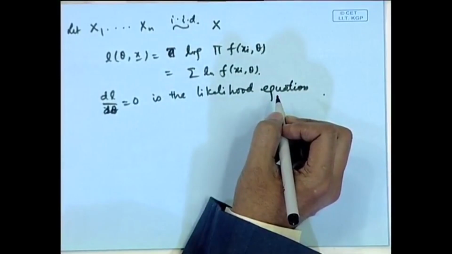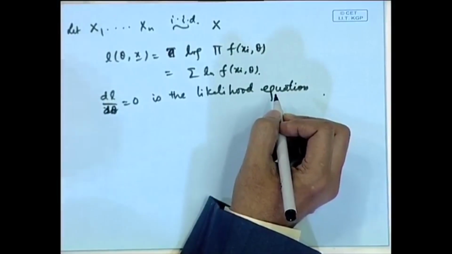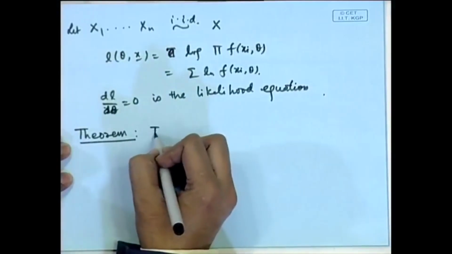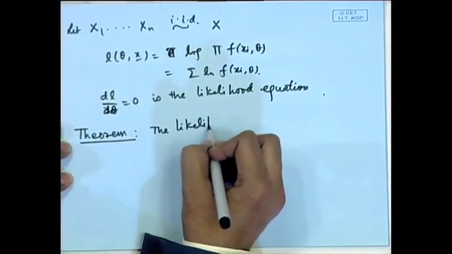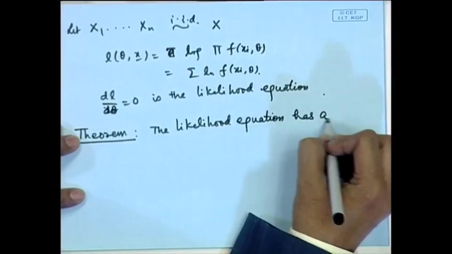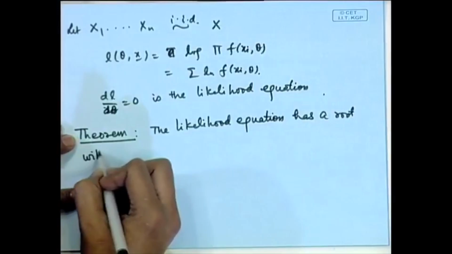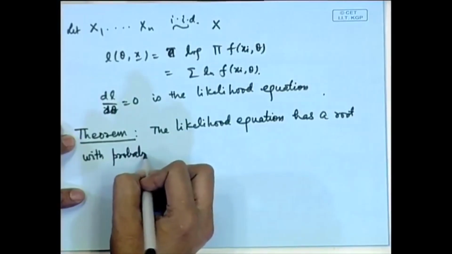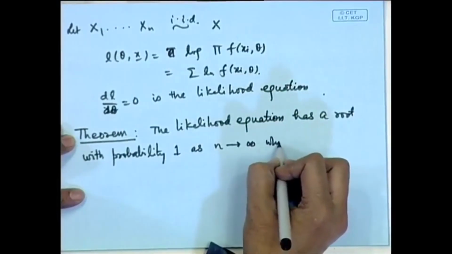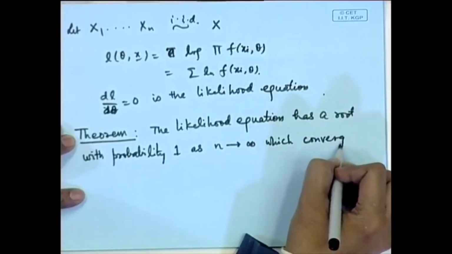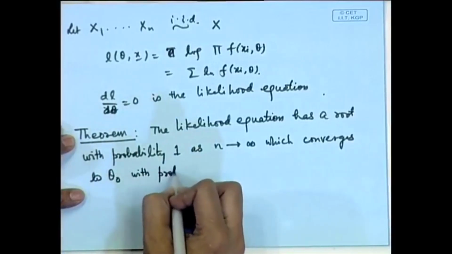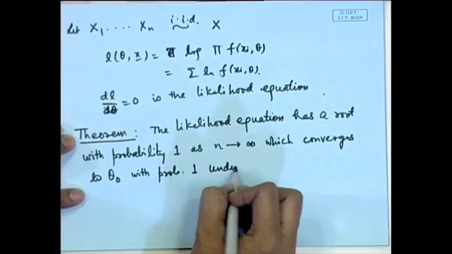So, we have the following result. The likelihood equation has a root with probability 1 as n tends to infinity, which converges to theta naught with probability 1 under theta naught.